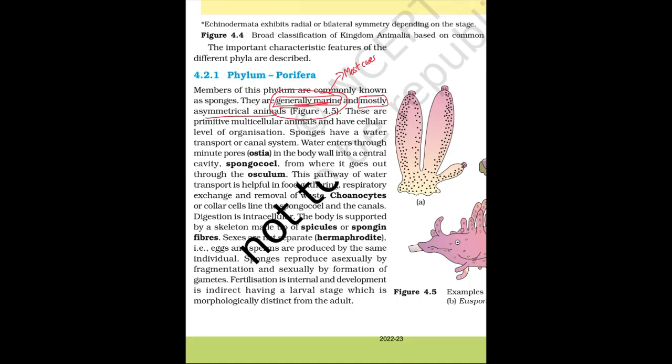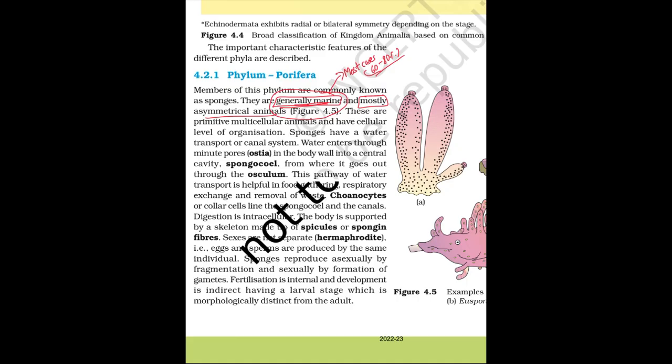If we go for a percentage, tell me the percentage. Porifera phylum, they are generally marine. So what is the percentage? You can write it as 60 to 80%. 60 to 80% of animals in the phylum Porifera are marine.